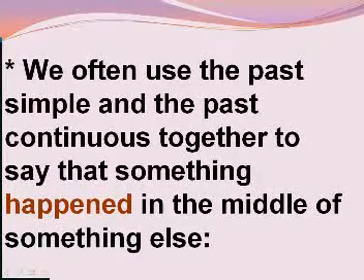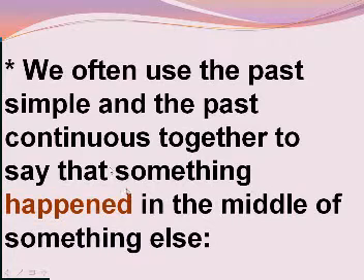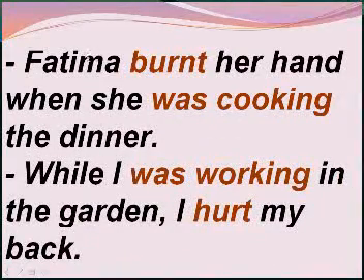We often use the past simple and the past continuous together to say that something happened in the middle of something else. So sometimes we use both tenses in one sentence. Like, for example, Fatma burned her hand, past simple tense, when she was cooking the dinner.